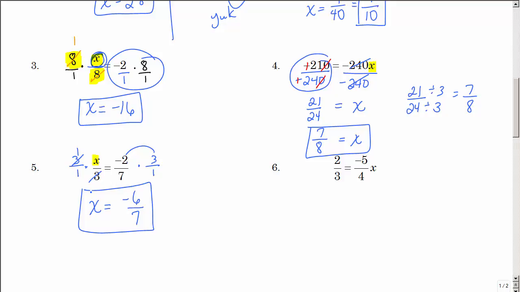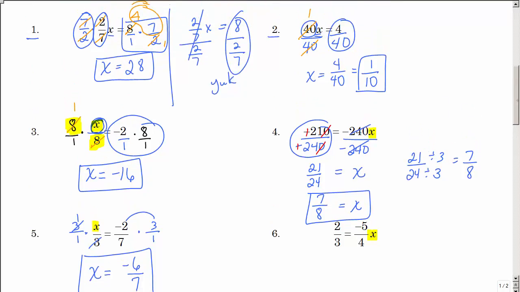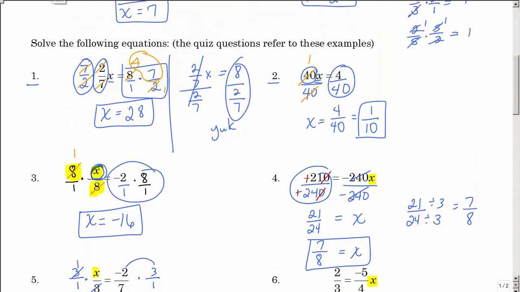Alright, let's look at number 6. Again, look at x and ask yourself, what is happening? X is being multiplied by negative 5/4. Well, let's go back up to this first example. Let me just erase some of this so you can kind of see it.